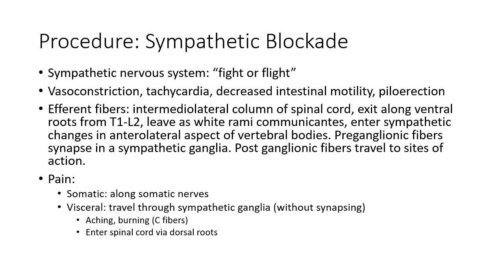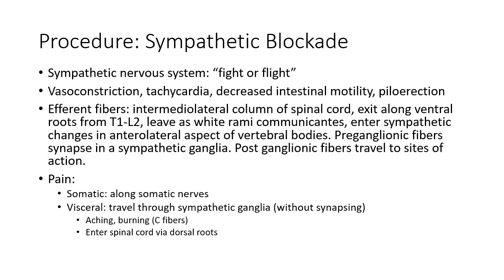These fibers then leave the ventral root as a white rami communicantes and enter the sympathetic chains, which lie on the anterolateral aspect of the vertebral bodies. These preganglionic fibers eventually synapse in one of the sympathetic ganglia. After synapsing, the postganglionic fibers then travel to their sites of action.